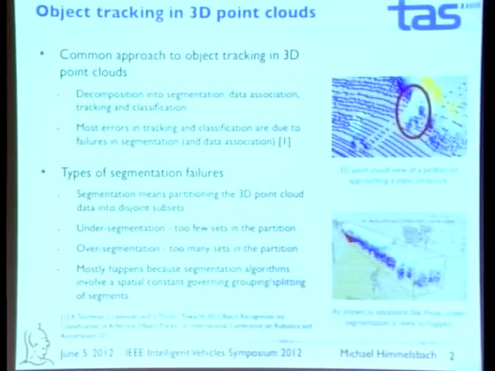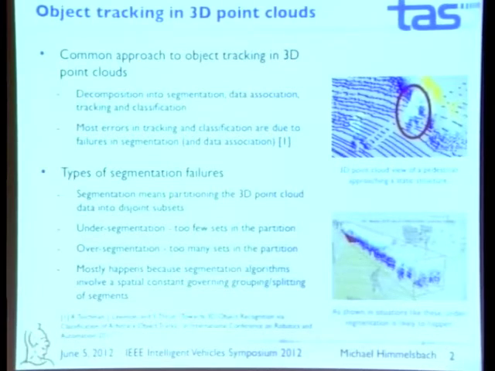So what kinds of segmentation failures can we expect? Segmentation first means just a partitioning of the 3D point cloud into disjoint subsets. The typical failures are, first, under-segmentation, where the partition contains too few sets. That is, objects are not properly separated from each other. We've got too few objects.